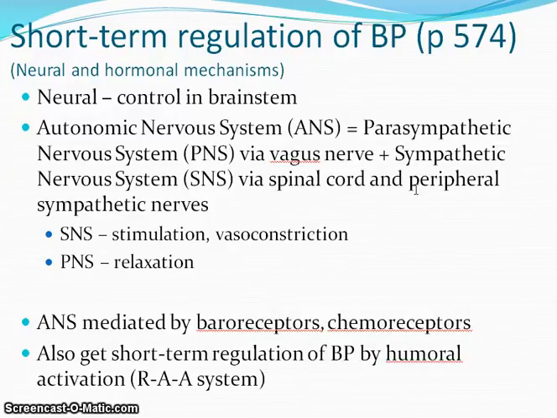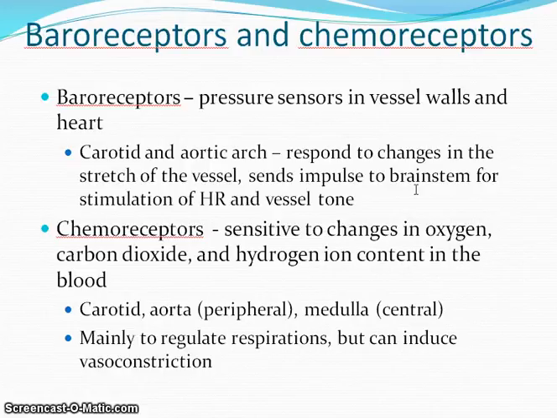And your parasympathetic nervous system is in charge of relaxing it or bringing it back down, so they work together. Your autonomic nervous system gets mediated by chemoreceptors and baroreceptors. You can also get some short-term regulation of the blood vessels through hormones, such as the renin-angiotensin-aldosterone system as well.